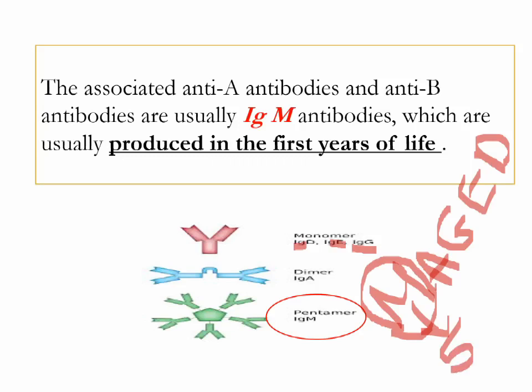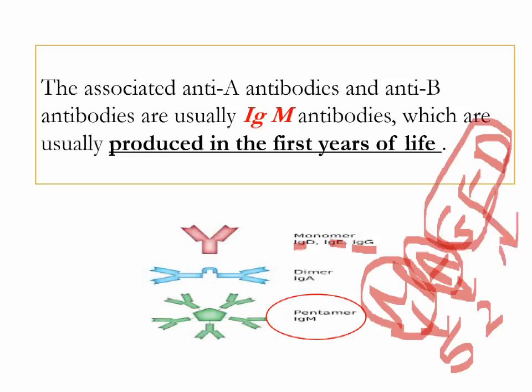Your antibody could be of the IgA type, and this is a dimer type. And your antibody for the GED could be IgG or IgE or IgD, and this is monomer. So here are the different antibodies summarized in the word Mediated.